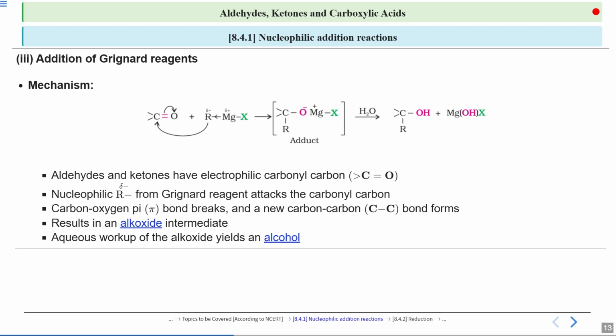So H plus gets attached to this oxygen, which forms an alcohol, and here you get MgOHX. So simply remember that this R, which has a negative charge, gets attached to the carbon, and MgX gets attached to the oxygen. You get an adduct, and then you react this with water. So H plus gets attached to this O negative, and you get an alcohol.